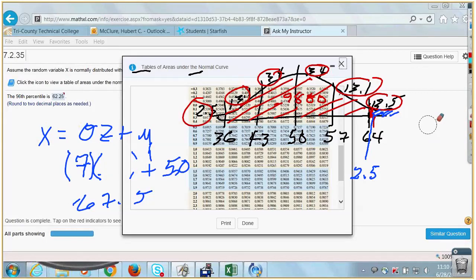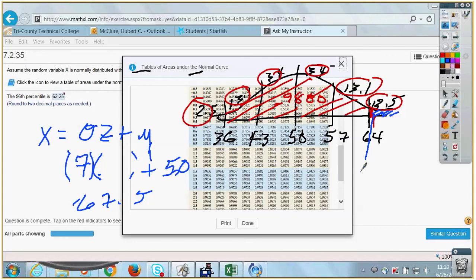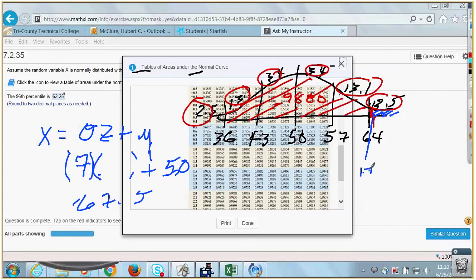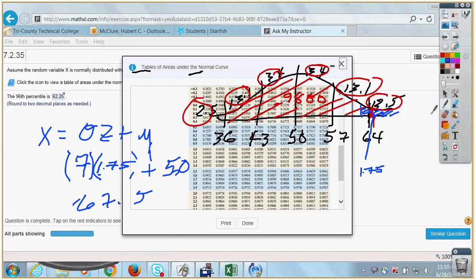And that's 1.75. And 96% would be on this side, not 98. 98 would be on this side, 96 would be on this side. My bad. 1.75. And that's going to be 7 times 1.75. I don't have my calculator, but that would be right.